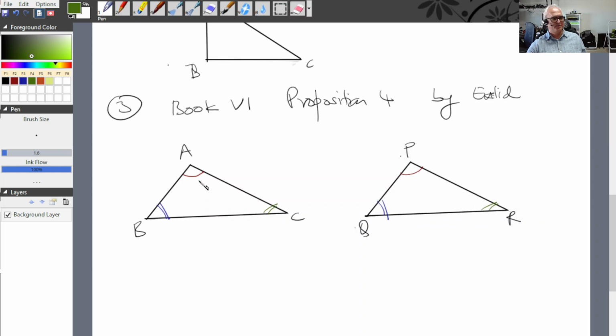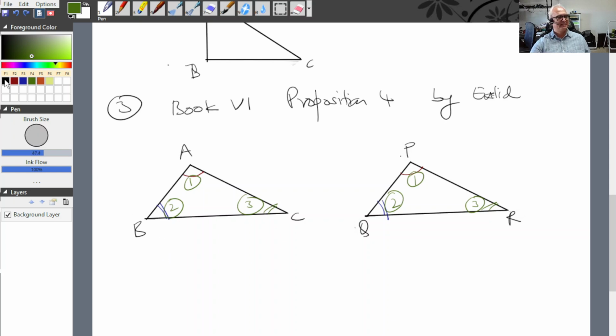Let me also number the angles to avoid any confusion. So we have triangle ABC and triangle PQR, and the relationship is this.